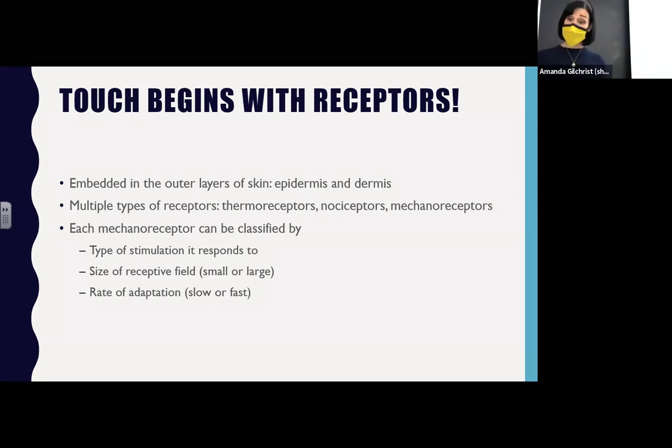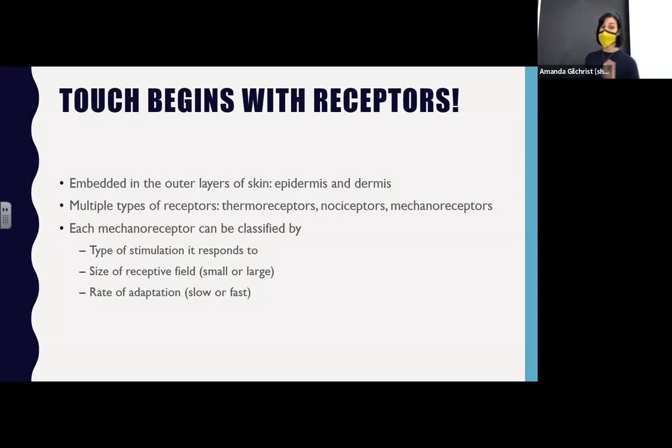And then we can also look at the rate of adaptation. Slow adaptation is often going to be looking for constancy. So something that is slow to adapt, we are probably looking at something that is very constant, like the stretch of my skin as I grip this water bottle.